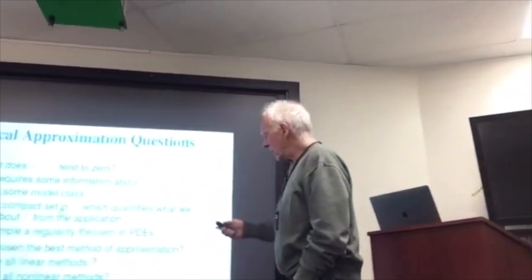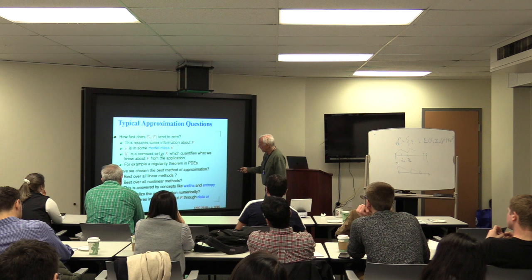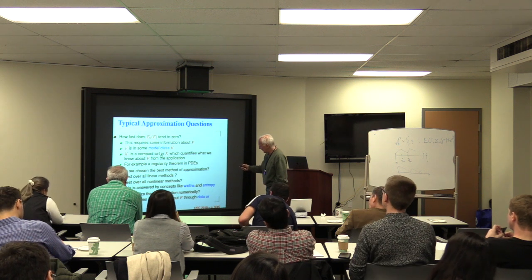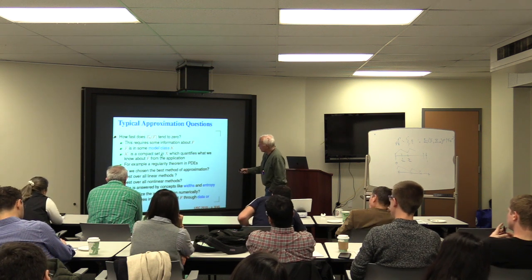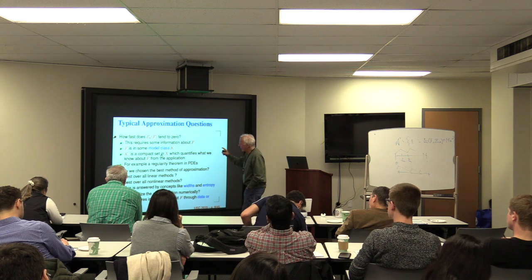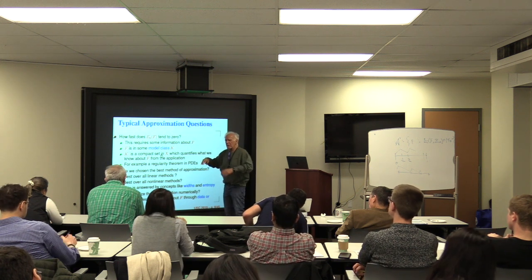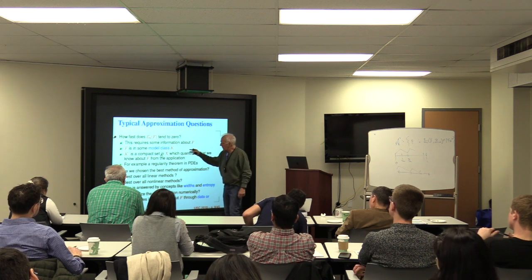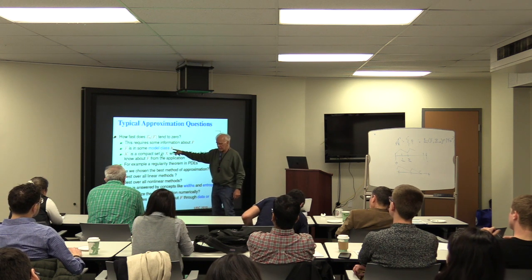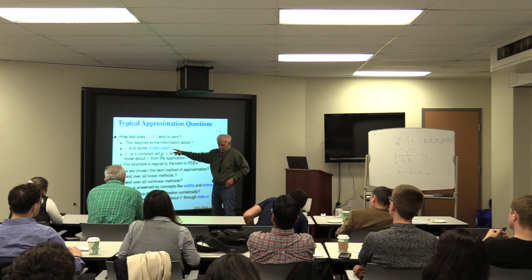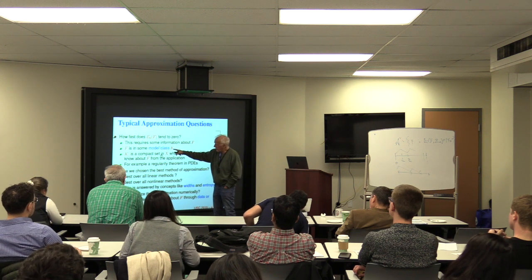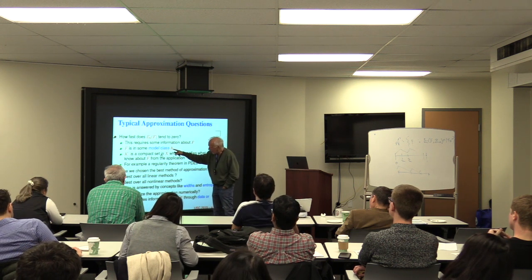So how do we measure the performance? As I've already mentioned a little bit, when we measure performance, we don't look at one F. We look at a model class. We gather all the information we know about F, and that describes our model class. These are all the properties that our target function has.